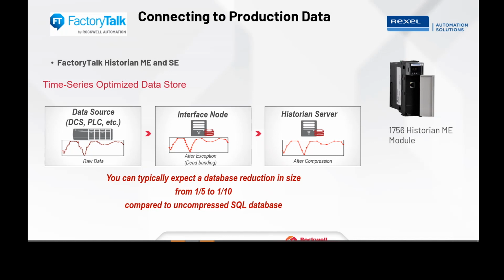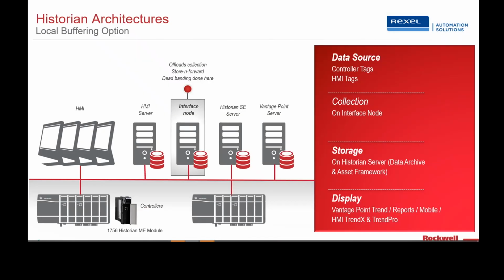So if you want to connect multiple lines back to a server, and you need data quickly, with fast log intervals, maybe the Historian ME module would be the module for you to help log the data that you need.